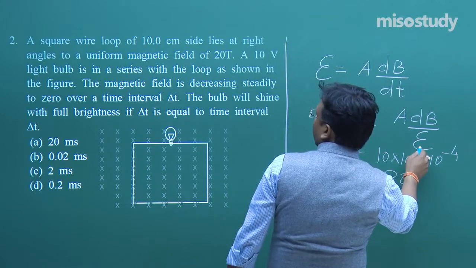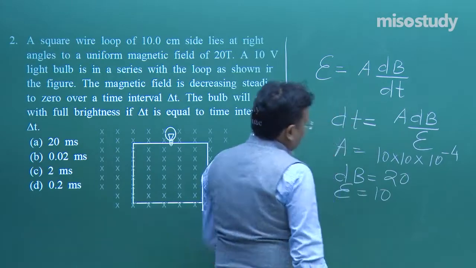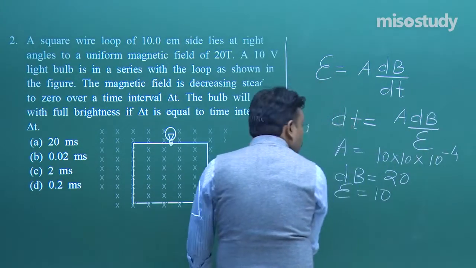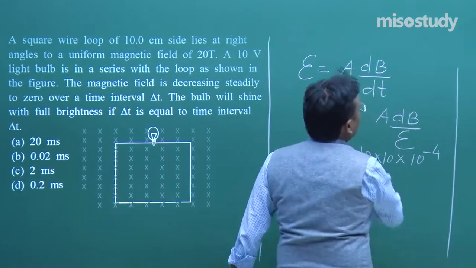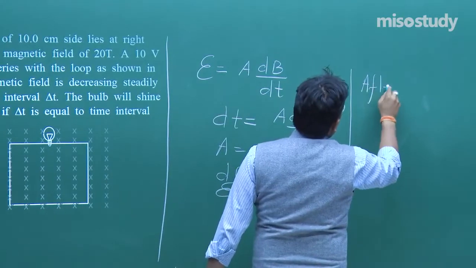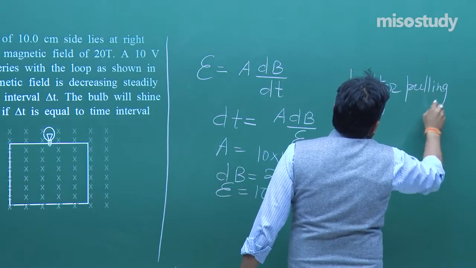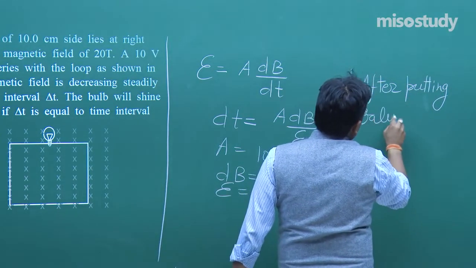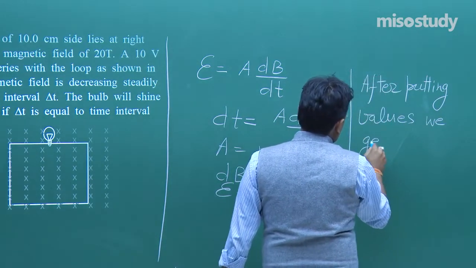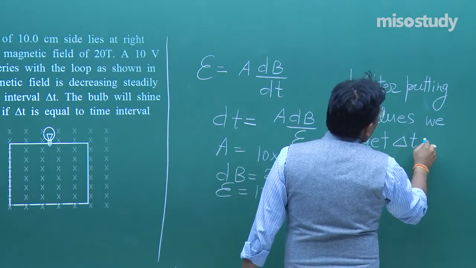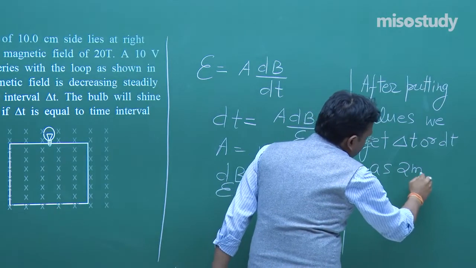And what about this value? This induced EMF. So, induced EMF is 10. Now, put the values and solve it. So, after putting values, we get delta t or dt as 2 milliseconds.